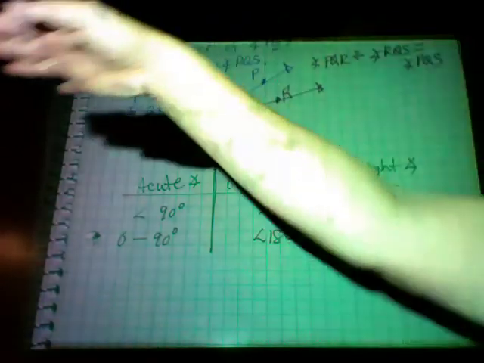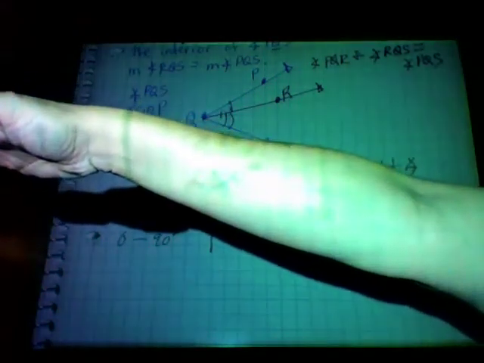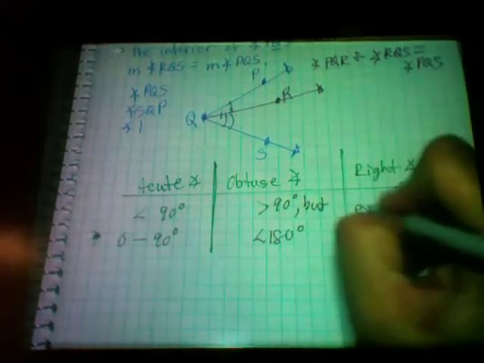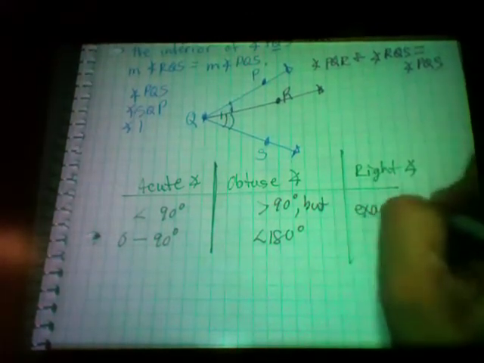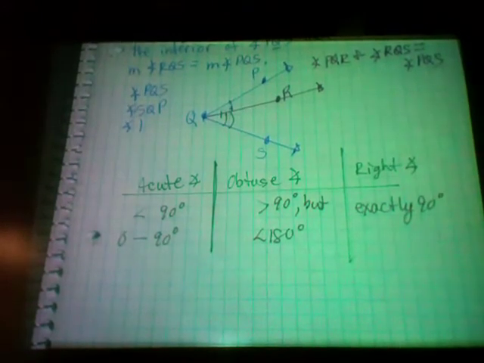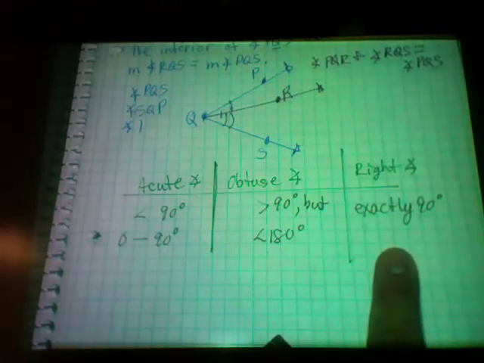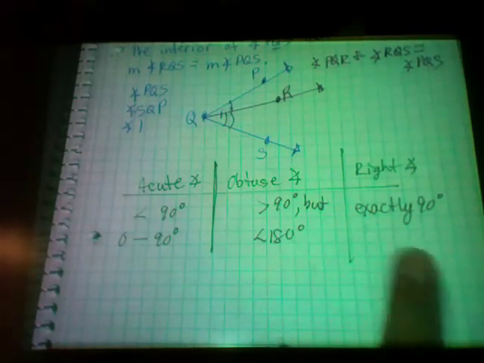What is a 180-degree angle called? Straight angle. What's a 90-degree angle called? So this is exactly 90 degrees. An acute angle can go all the way up to 89.9 degrees, but the minute it hits 90 degrees, it's no longer acute, it's right. Do you see the difference? Okay, any questions on that?